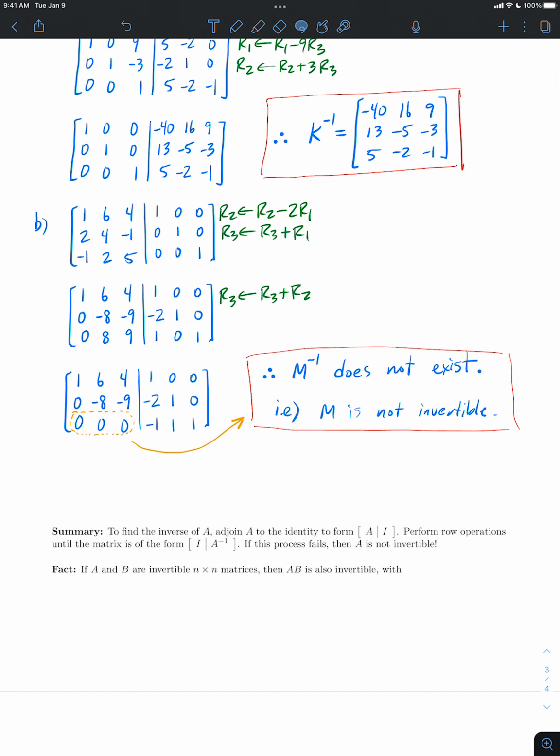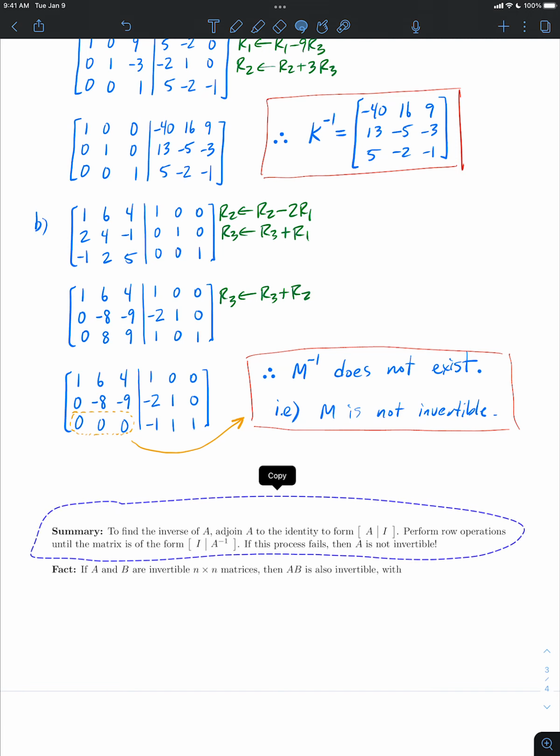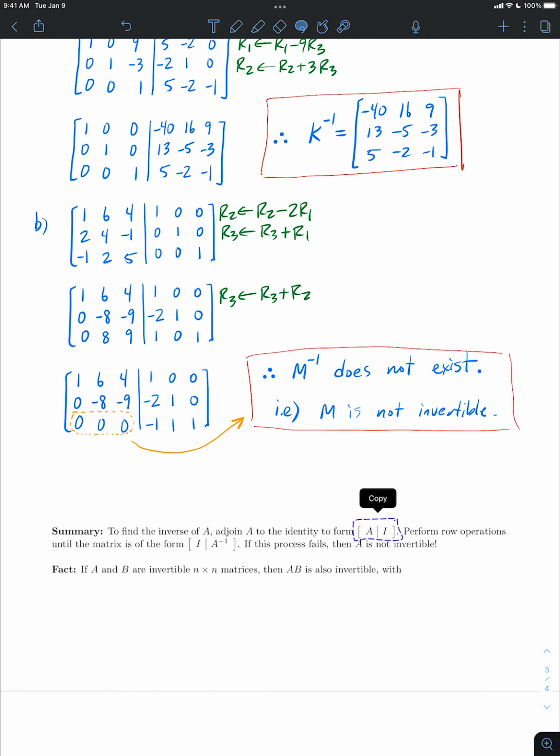All right. So in summary, this summarizes formally what you do. If you want to find the inverse of a matrix A, you form this construction here. You adjoin it with a copy of the identity matrix of the same size. You then perform row operations to try to turn the left half into the identity. And what you're shooting for is something like this.